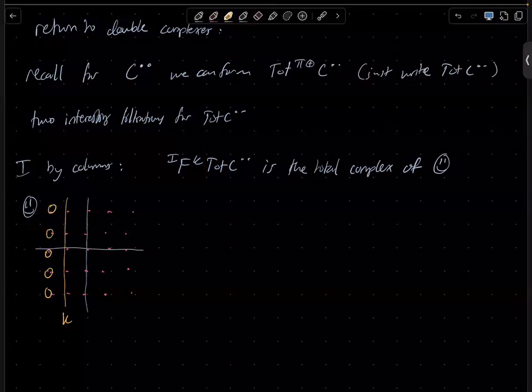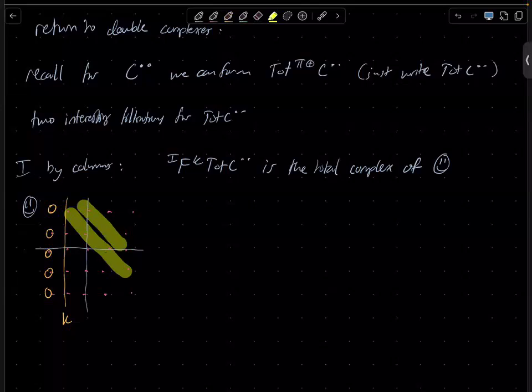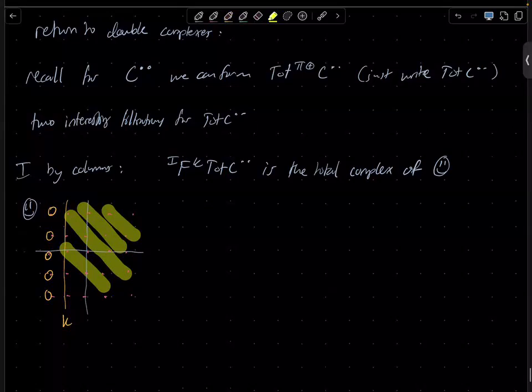I'm just getting rid of everything to the left of K. And then whatever's left, I take the total complex of that to get this piece, F^K Tot C. So I highlight what the pieces are in the total complex. The picture is kind of awful, but you get the idea, right?